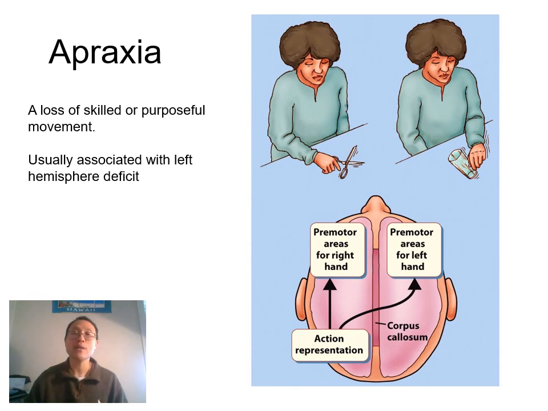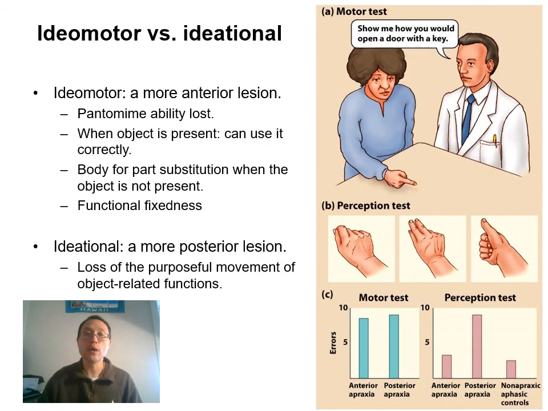Okay, so apraxia is something you normally see when the actual representation areas are damaged, and you can think of it as a posterior damage or an anterior damage. This comes in two forms of apraxia: ideomotor apraxia and ideational apraxia.